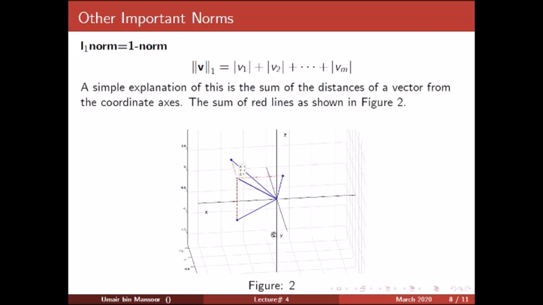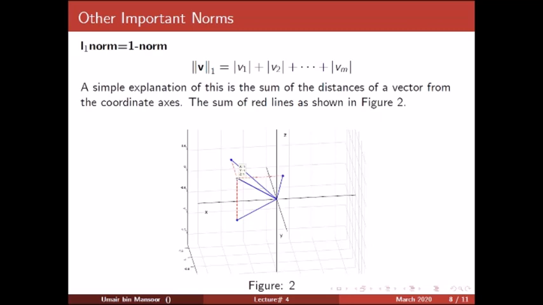Okay, let's think a little bit now. For example, if I have a smaller vector, let's say a vector having coordinates 0.5, 0.5 and 0.5, the sum of the components of this vector would definitely be smaller than the vector with the components 1, 1, 1.